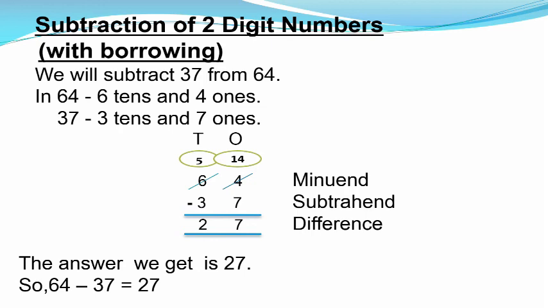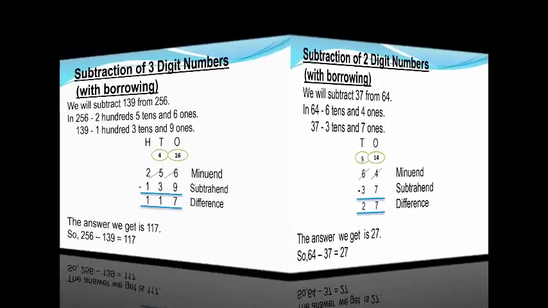Let's subtract tens column. 5 minus 3 is equal to 2. We have 2 tens and 7 ones. So the answer is 27. It means 64 minus 37 is equal to 27.